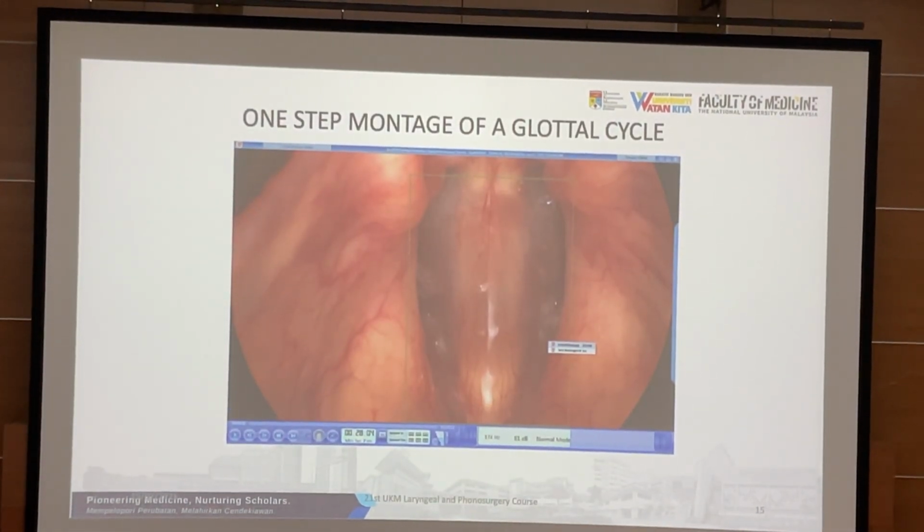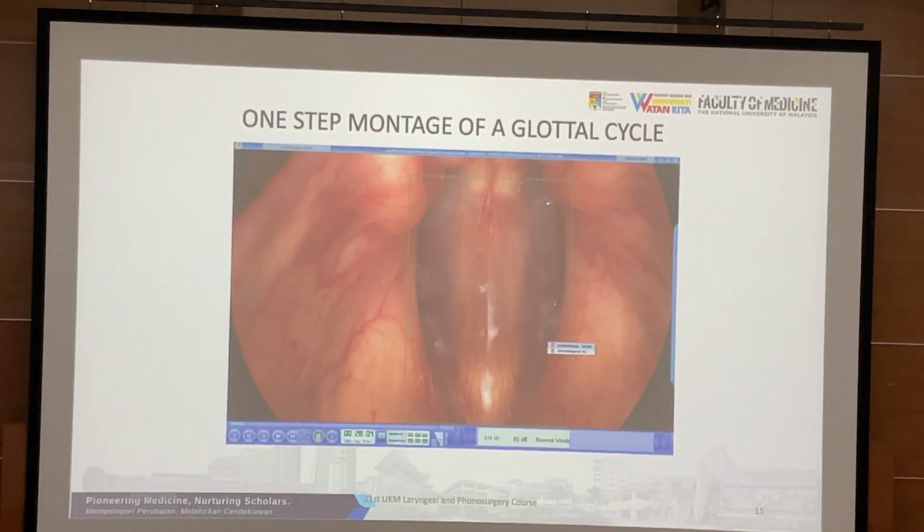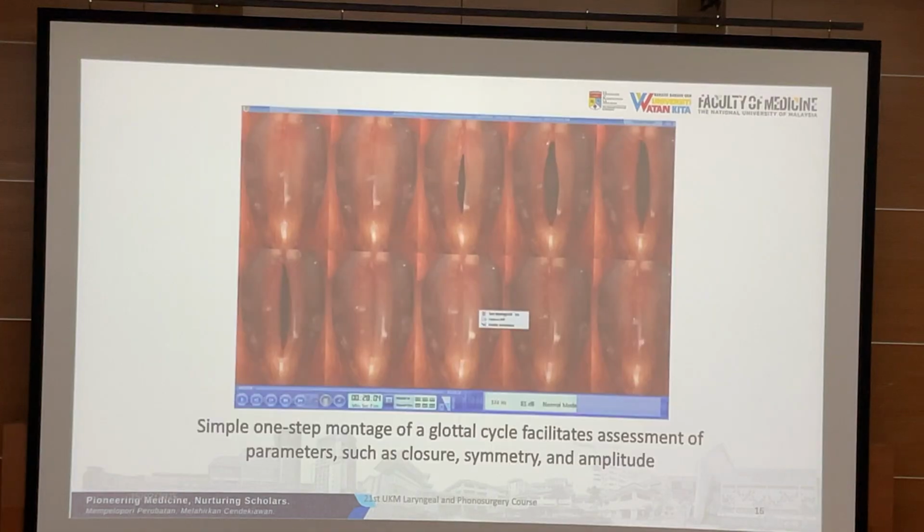Now, before I talk about symmetry, we want to talk about the one-step montage of the glottal cycle, which is available in the machine that we have been using in our center, which is Pentax. Whenever the patient phonates, you choose the beginning of the glottal cycle when the vocal fold is closed, put a rectangle box over there and do the montage.